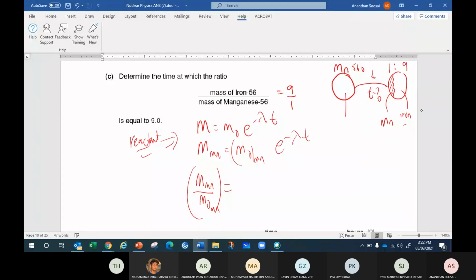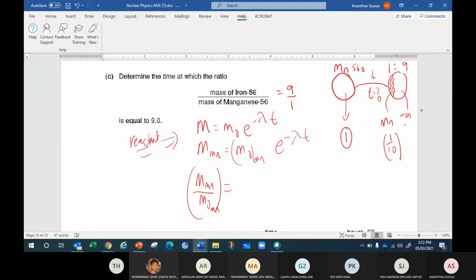So the original mass is how much? It's completely like 1. The manganese which is left is how much? 1 over 10, right? You see, manganese is 1, iron is 9.